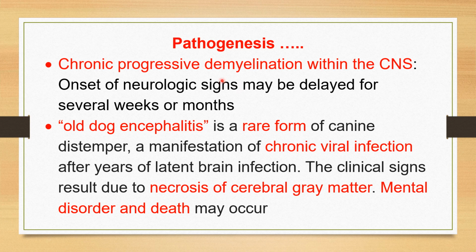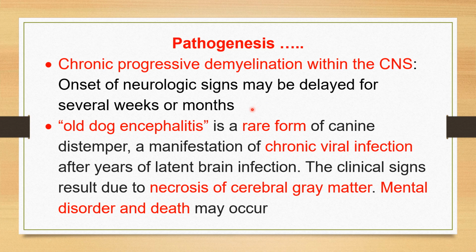Remember, in the chronic case, the symptoms of canine distemper are different from that of acute case. So it causes chronic progressive demyelination of neurons, and there is onset of the neurological signs, and these are delayed signs, and these signs will remain for few weeks to few months.